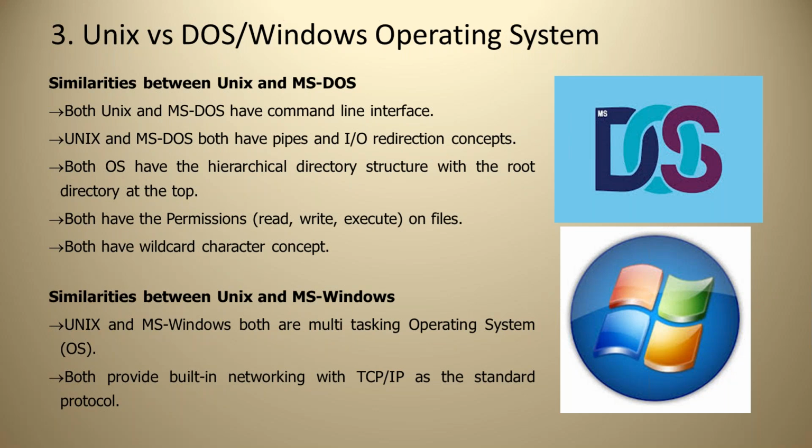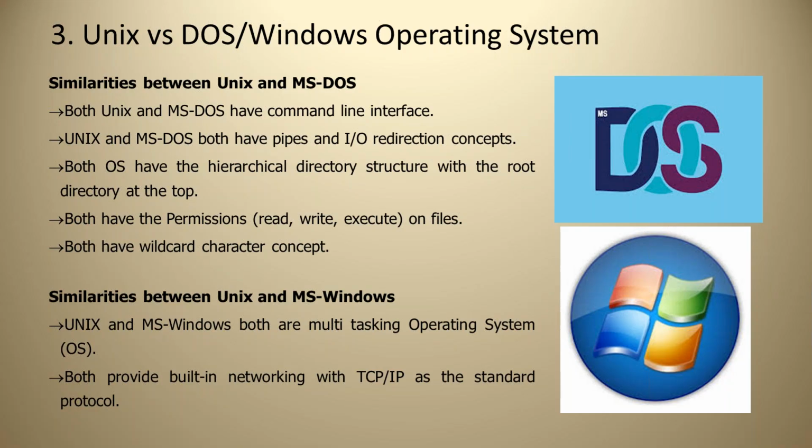Wildcard character means one symbol you can give, star or something, so that it will take all types of characters. That is called a wildcard character. If you give underscore, it takes one character, for example starting with A, ending with S. These are called wildcard characters. So in both DOS and Unix, the wildcard character concept is available.